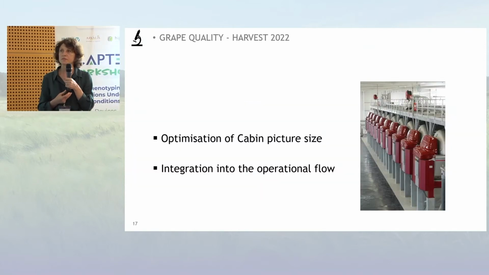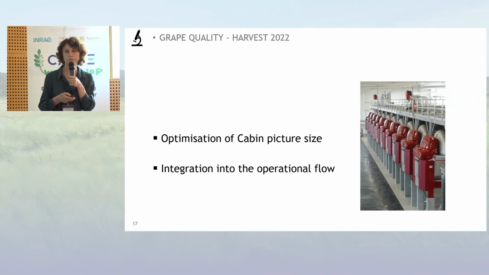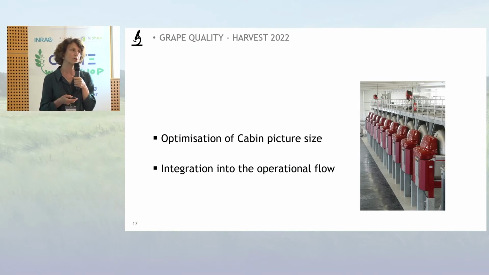So what is the next step? We would like to organize in a better way the capture of all this pallet. So we started to study with the company, with IFN, to optimize the size, to be able to put 2, 3, or 4 of these cabins in the press center.